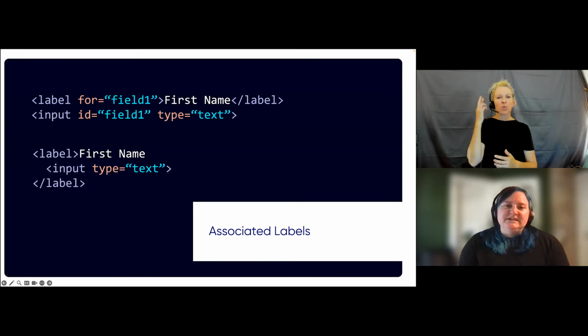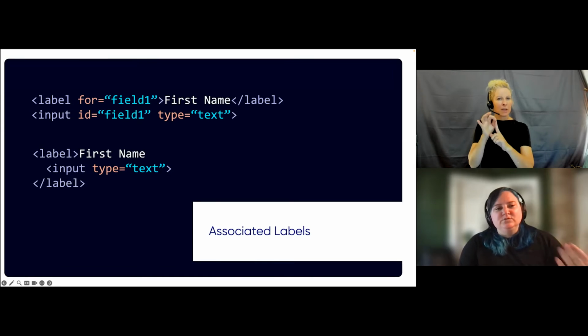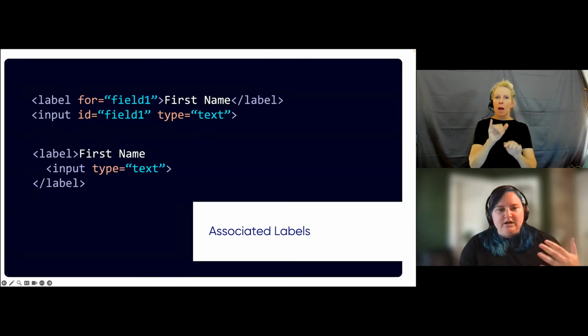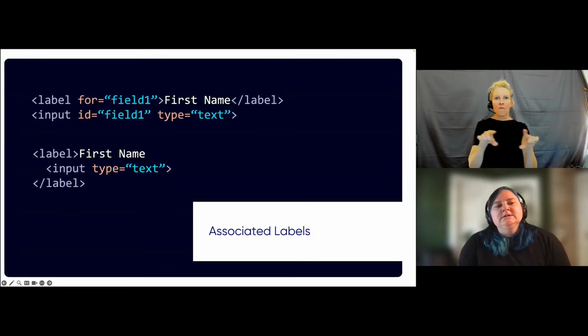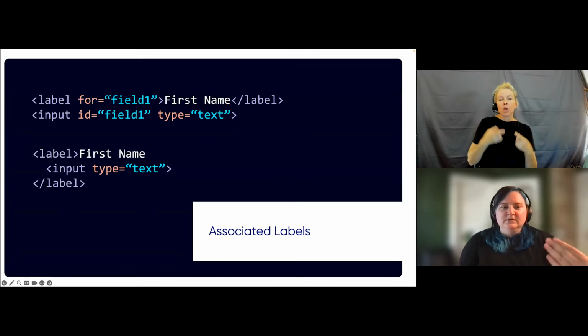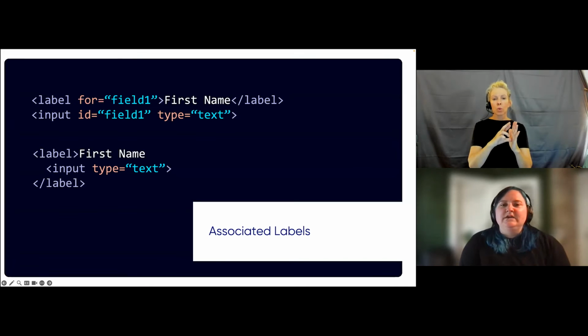But this is one of the limitations of this type of implementation. You will have to have unique IDs on every single input field in your form on one document. So think about that. But as you're doing your code review, this is one way of knowing those two things are connected together programmatically, and will describe to the end user exactly what they should be doing.